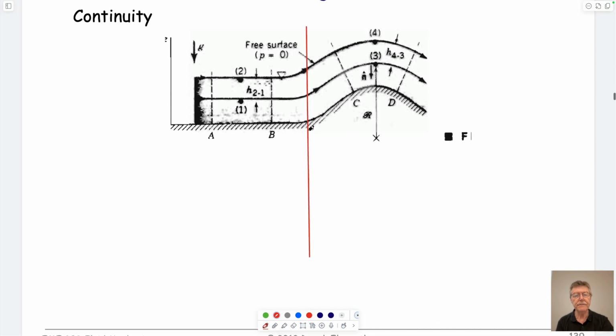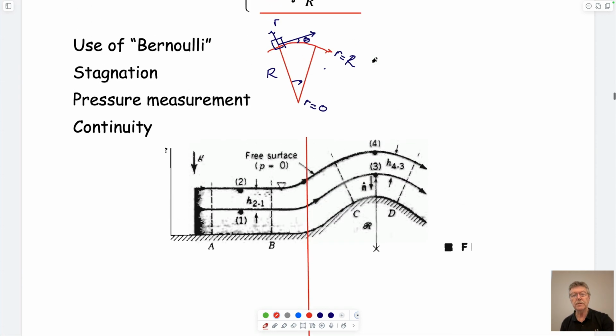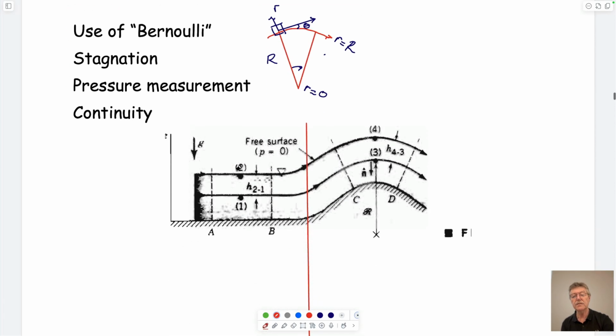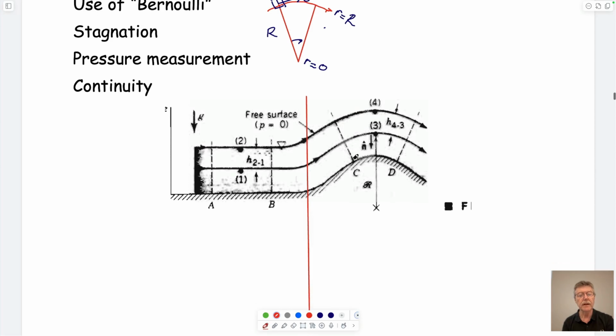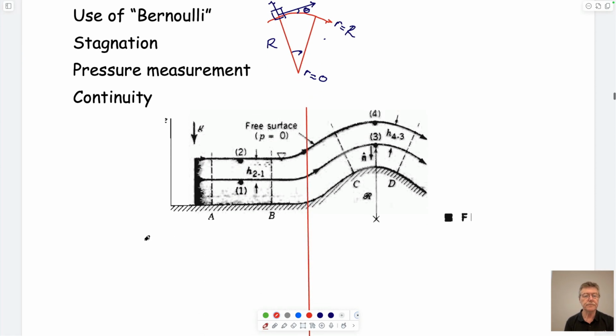And so on the left-hand side, what I'm interested in doing is not going from 1 to 3, which would be along a streamline, for which we'd use this top equation. I'm interested in going from 1 to 2, and then independently going from 3 to 4. And so if I go from 1 to 2, I want to use this equation.